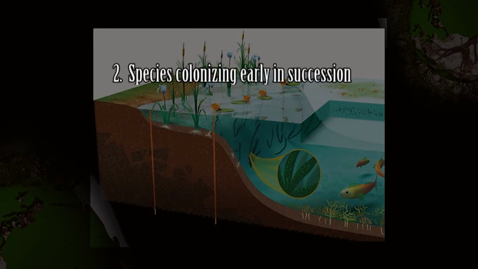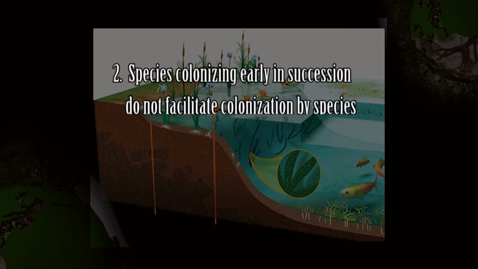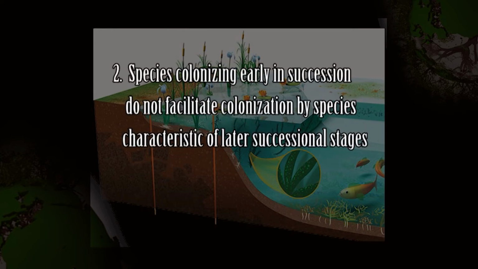Second, species colonizing early in succession do not facilitate colonization by species characteristic of later successional stages. They do not modify the environment in a way that makes it more suitable for later successional species. Later successional species are simply those tolerant of environmental conditions early in succession. The climax community is established when the list of tolerant species has been exhausted.